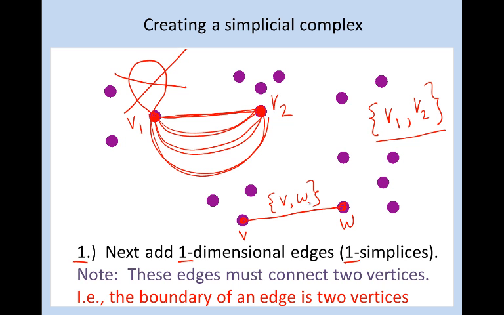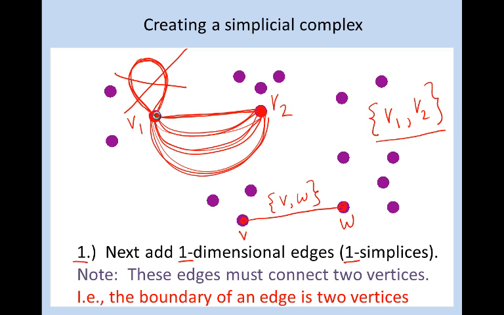So a pair of vertices, that set, will denote the edge connecting those two vertices. So thus we don't want to have multiple edges, or we won't have this unique identification. We also don't want to have loops, since a pair of vertices would not indicate a loop.